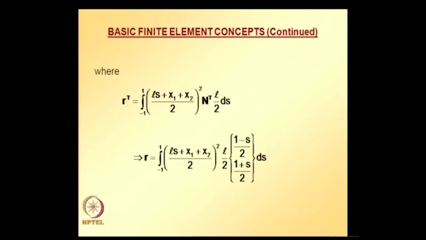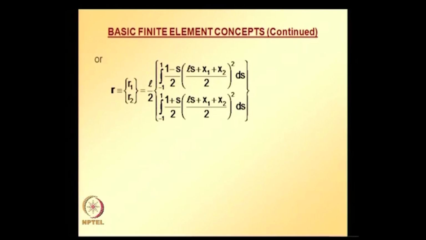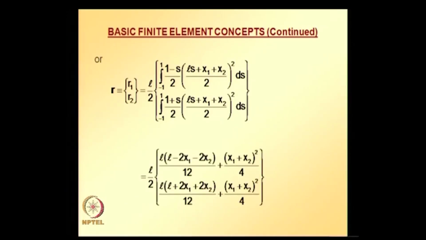And you can simplify this R further by substituting what N is. N is nothing but the vector of shape functions, so you substitute that. Now, everything inside the integral is a function of S, so you can do the integration, and that results in R equal to this.